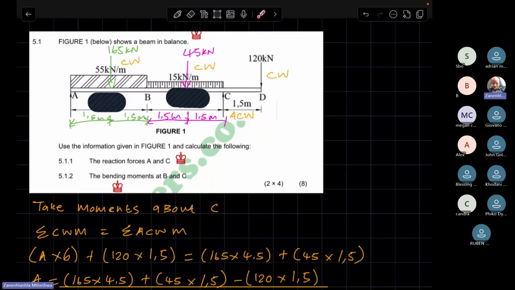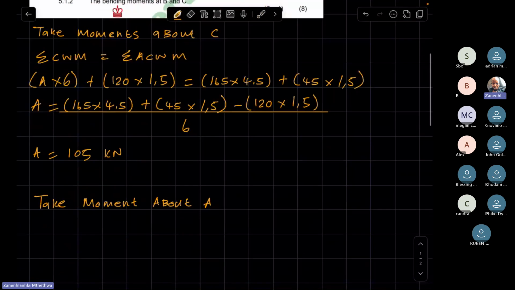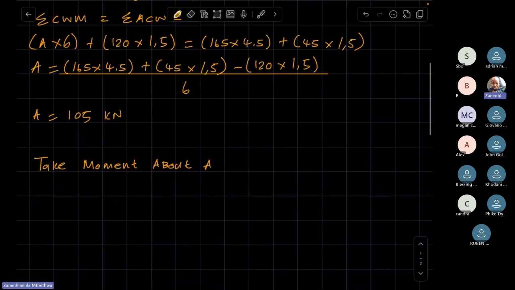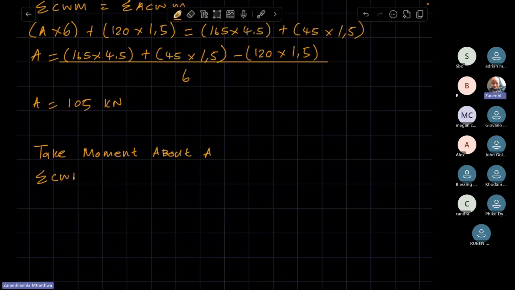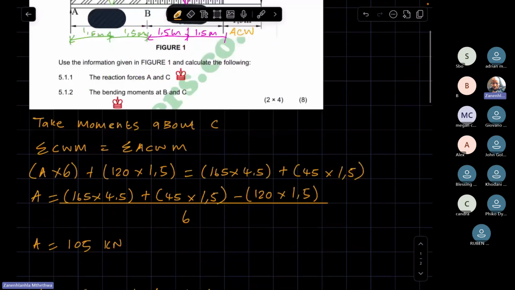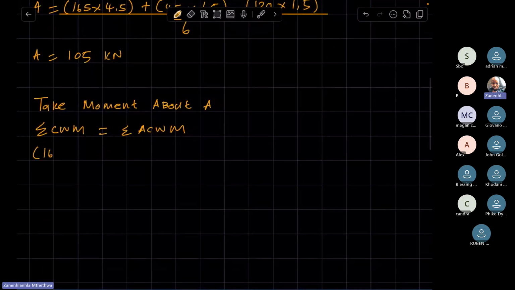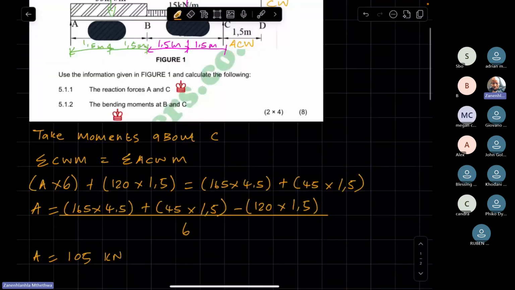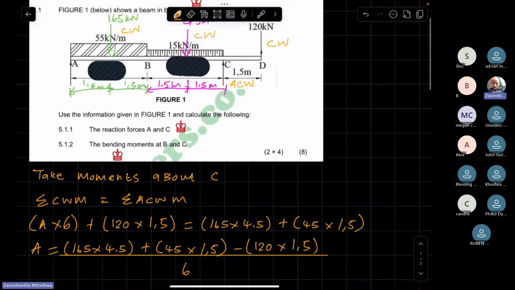So every force has a clockwise turning effect, except the reaction at C. Now we say the sum of clockwise moments is equal to the sum of anti-clockwise moments. So starting with the 165, the 165 times the distance between 165 and A, which is equal to what?